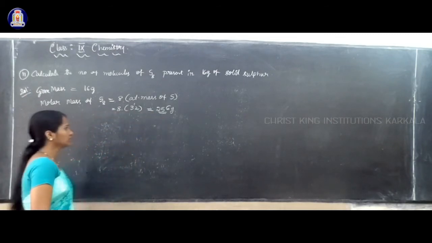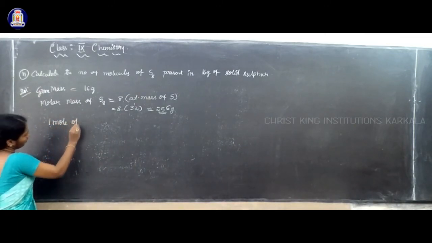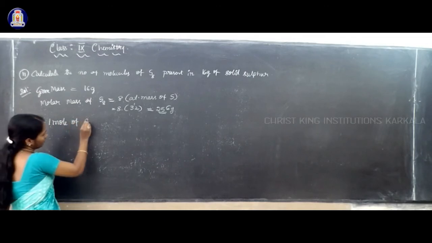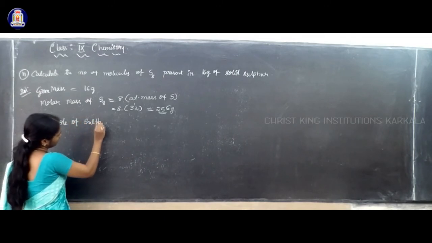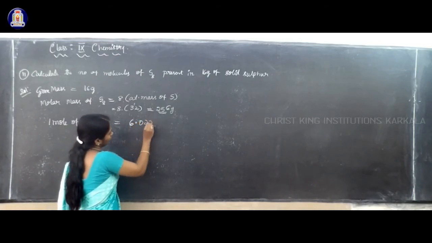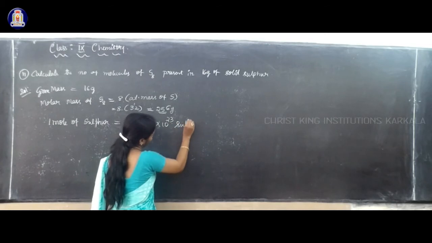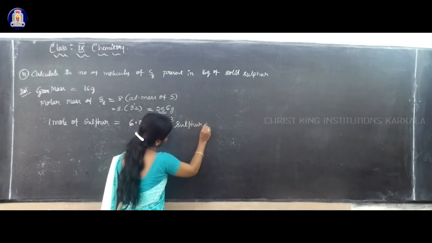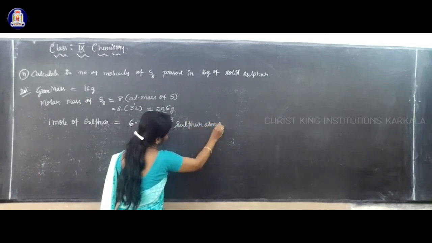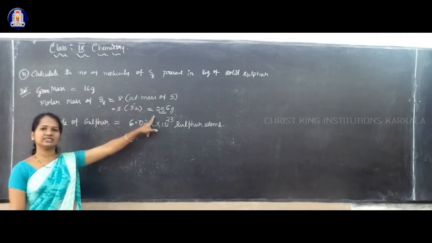We know that 1 mole of sulfur is equal to 6.022 into 10 to the power 23 sulfur atoms present in that. So, it is given molecular mass is 256 gram.